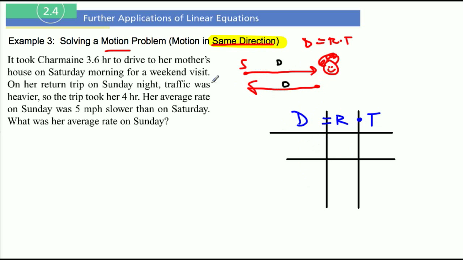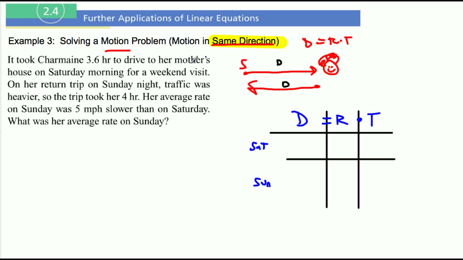All right, so let's take a look here. Going to Grandma's house, 3.6 hours to drive to her mother's house. Oh, sorry, not Grandma's. We're going to Mom's house right here. Tremaine's probably an adult or something. Who knows? So on the way up, I'm going to call this right here Saturday, and this right here is going to be Sunday. Okay.